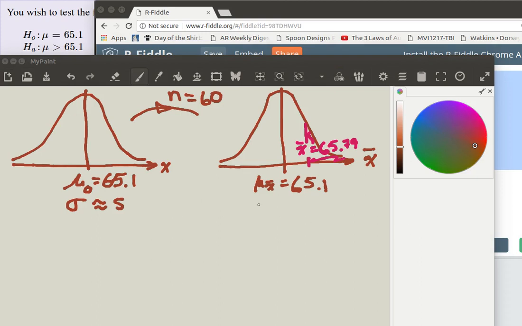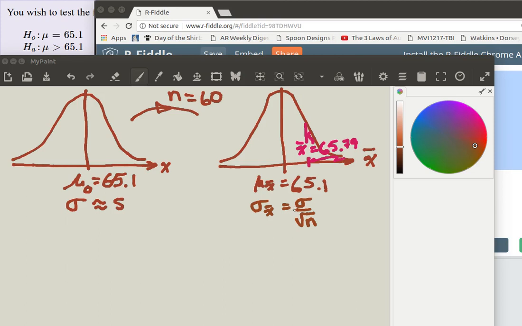Now, some other things that we know is that the standard deviation of these sample means is going to be equal to the standard deviation of the population divided by the square root of n.